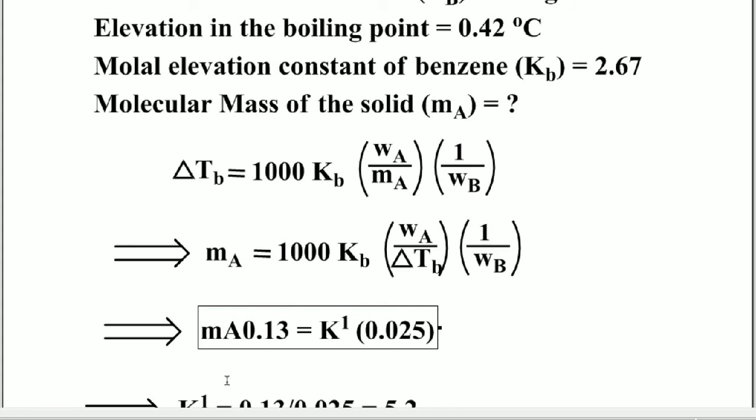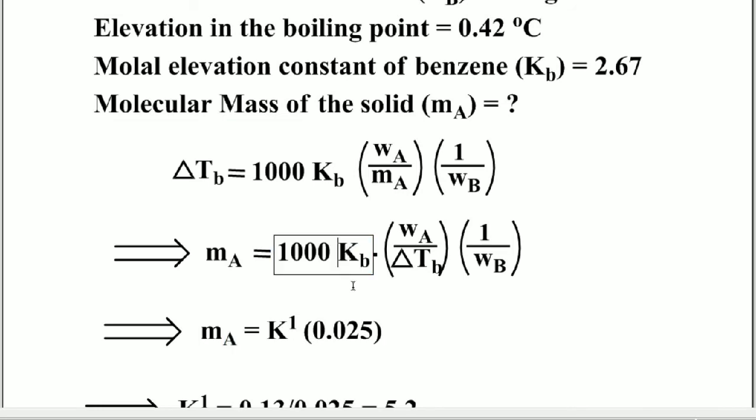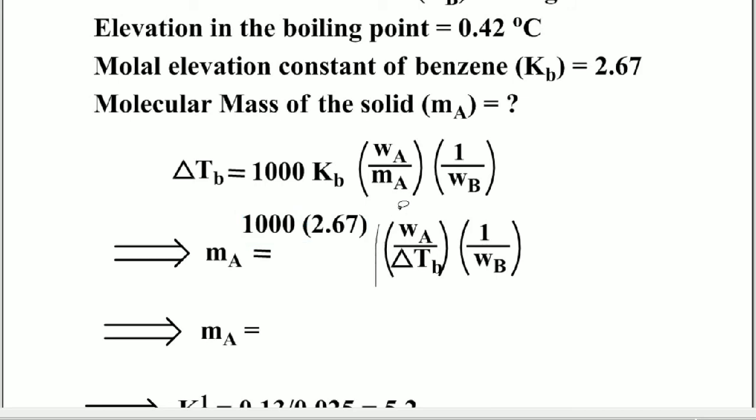Therefore, MA is equal to 1000 into Kb. The given Kb value is 2.67, so 1000 into 2.67.